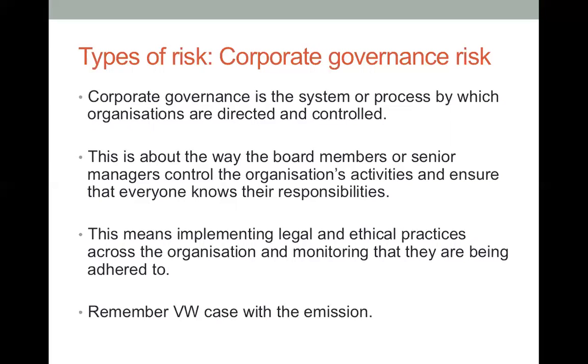It is also about the way the board members or senior managers control the organization's activities. They may take risks to expand the business larger than the capacity, larger than the capability of the organization.